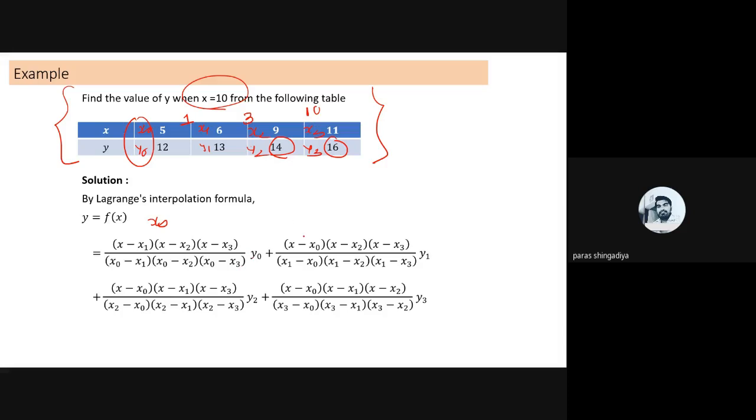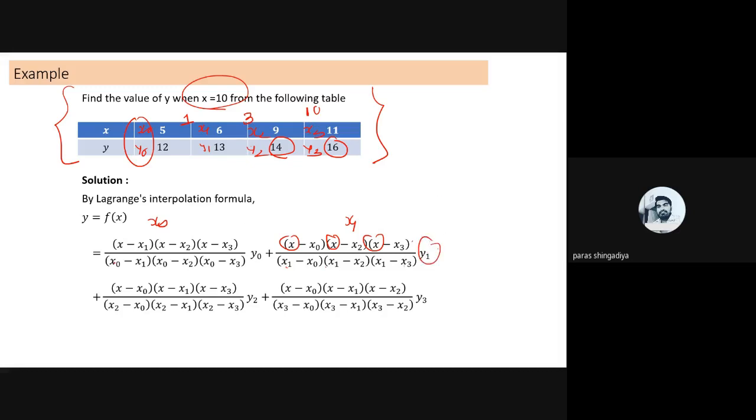Second term, skip x1 and take the remaining 3 values, x0, x2, x3, and subtract them from x. So x minus x0, x minus x2, x minus x3, and in the denominator just replace x by x1. Remaining all the data will be as it is, into the function value y1.